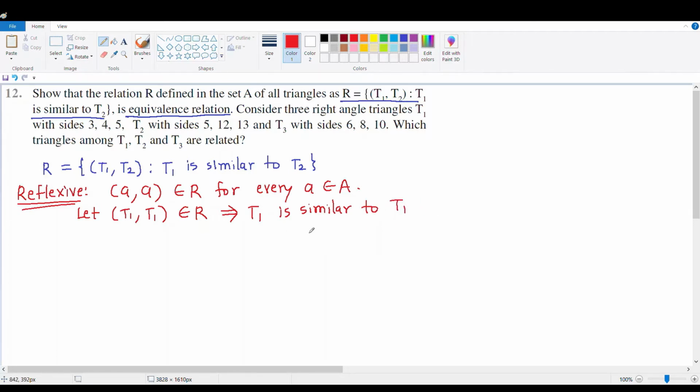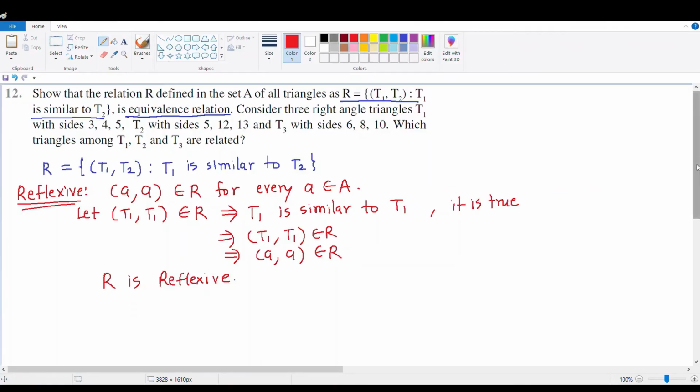We are talking about the same triangle, so it must be similar to itself. So T1 is similar to T1 and it is true. That means (T1, T1) belongs to R, and that means (A, A) belongs to R. That's what we were supposed to show to make it a reflexive relation. So R is reflexive.